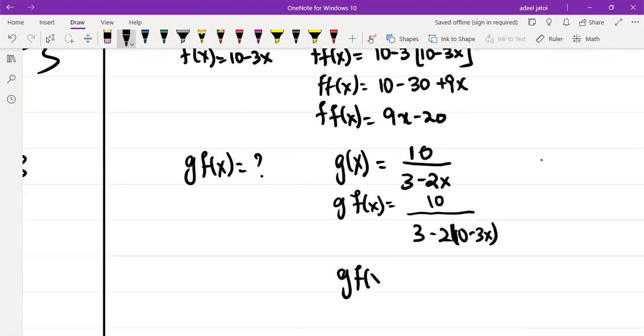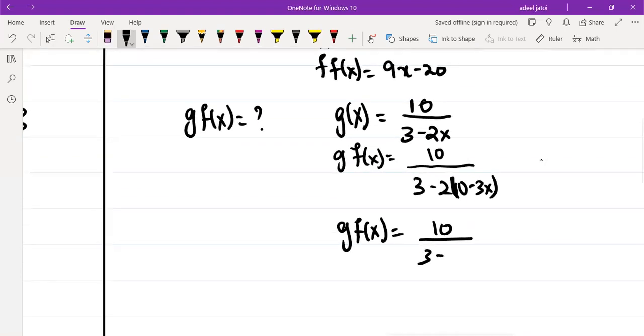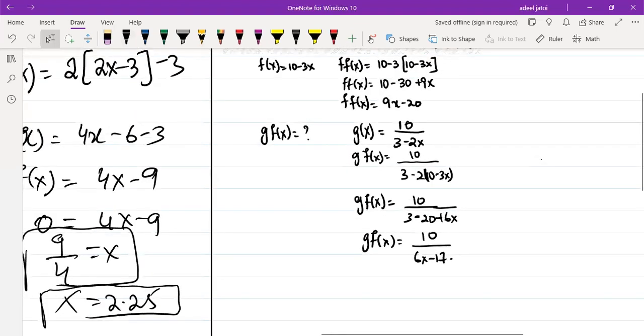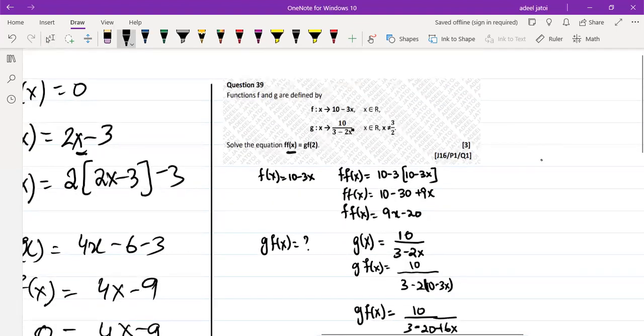So g(f(x)) will be given as 10 upon 3 minus 20 plus 6x. g(f(x)) becomes 10 upon 6x minus 17. Now, this particular equation is for g(f(x)). But if you see, we need g(f(2)).